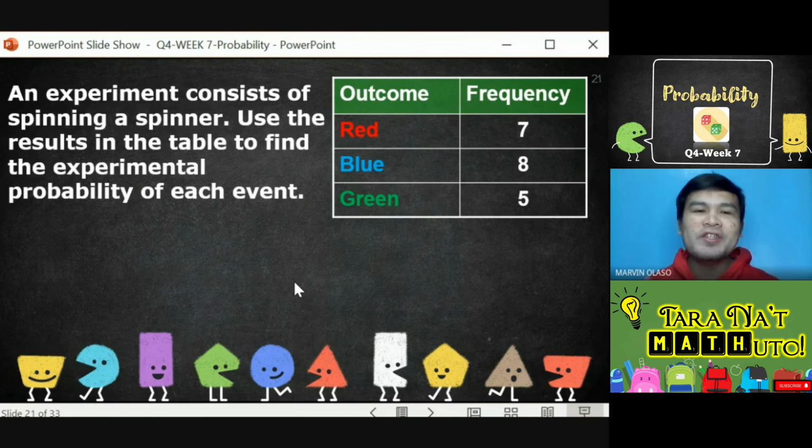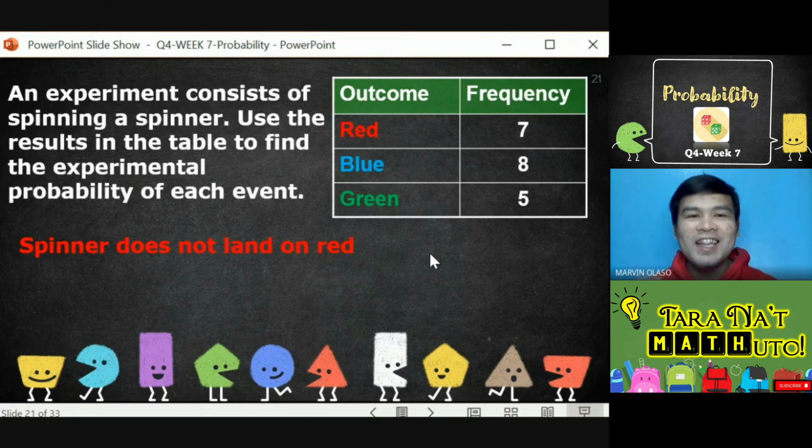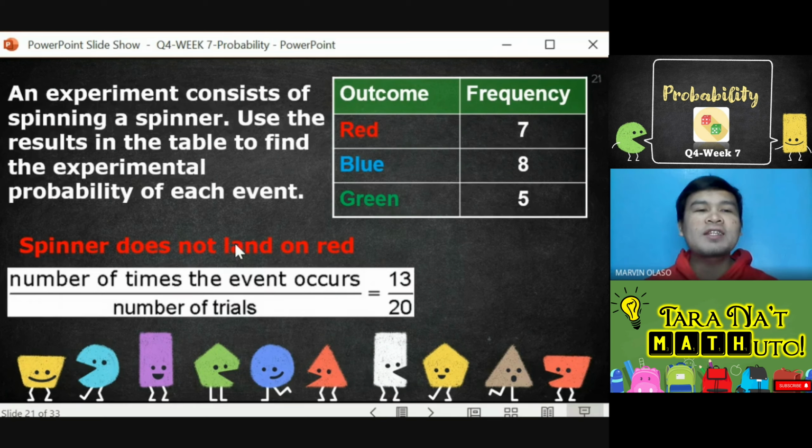Let us use the same experiment. So, but the question now is, what is the probability that the spinner does not land on red? Okay, kanina yung red. Ngayon, ang tinatanong, does not land on red. So, paano mo sasagutin yan? Okay, still, we will use the formula number of times the event occurs over the number of trials.